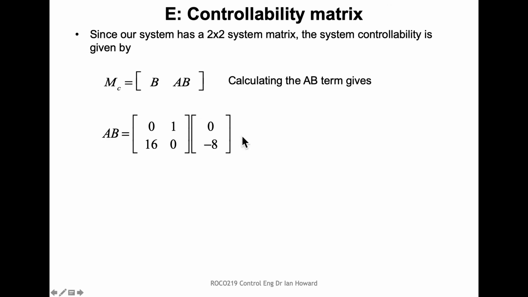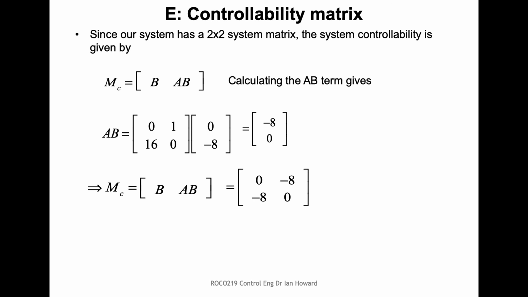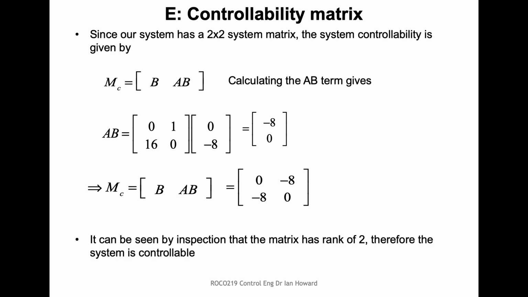It's basically one lot of minus 8 and no lots of 16, so it's going to be minus 8 and 0. So we concatenate those horizontally. We can already see that it is full rank by inspection, because we've got a 0 here and a 0 here.